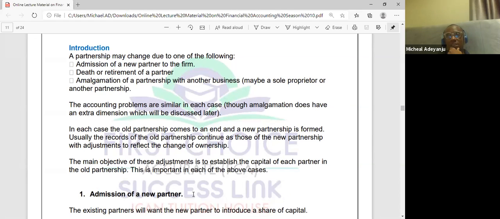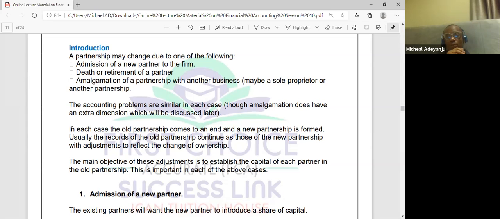A partnership might change due to the following. We've said this before. The accounting problems are similar in each case. Though amalgamation does have an extra dimension, which will be discussed later anyway. In each case, the old partnership comes to an end and a new partnership is formed.